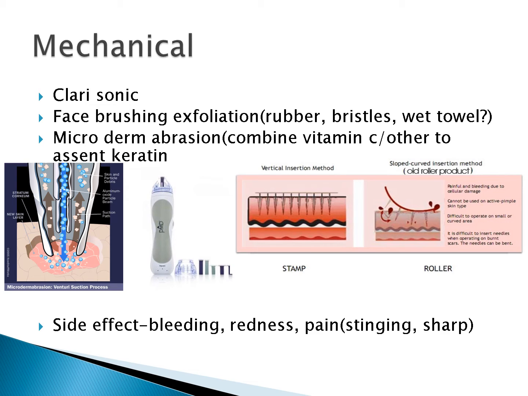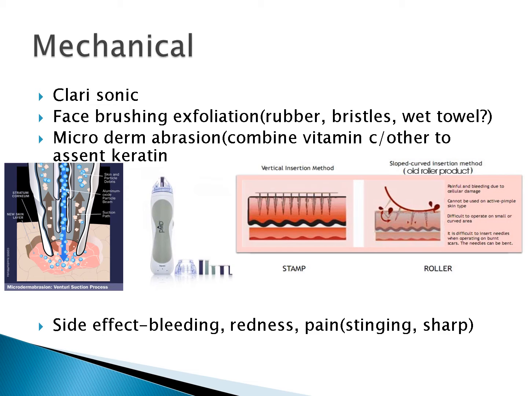There's also microdermabrasion, which can be combined with something like vitamin C. This can also assist with the elimination of the keratin and the adhesion molecules that grip to the skin and coalesce.